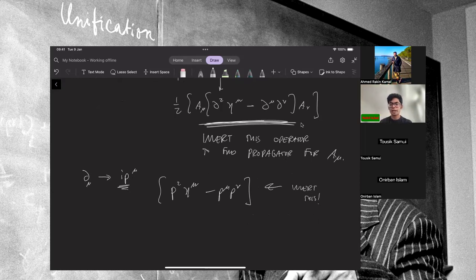There's a problem with this operator. Does anyone know what the problem is if we want to invert it? Can anyone see what the problem is? If you've not seen it before, it's hard to see, but this operator has no inverse.